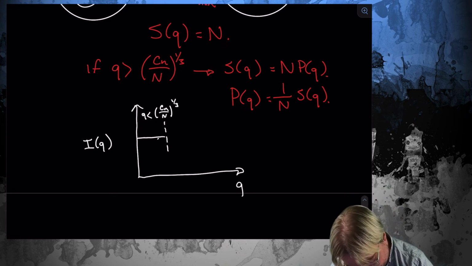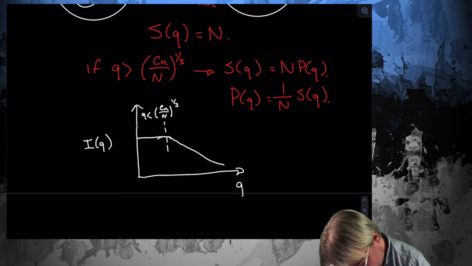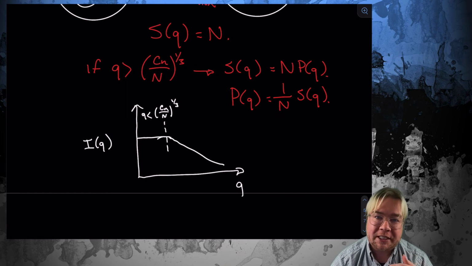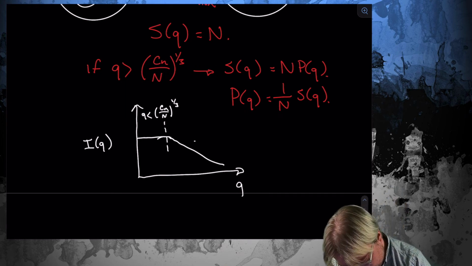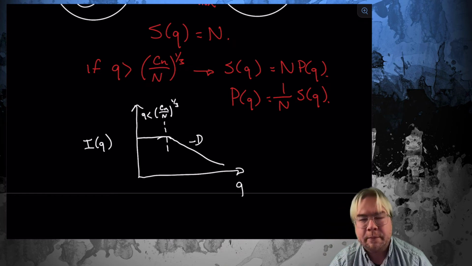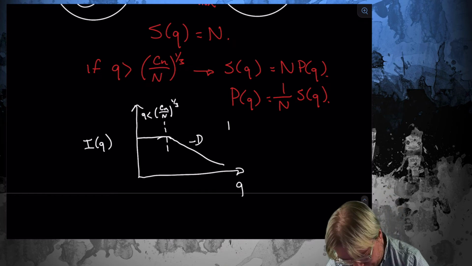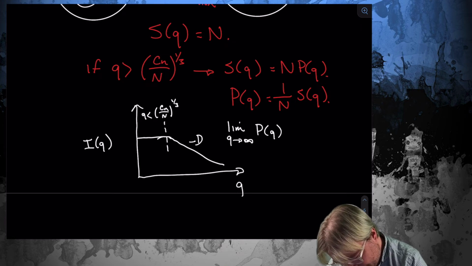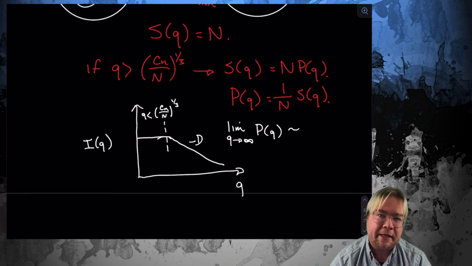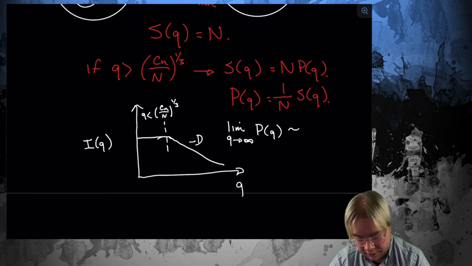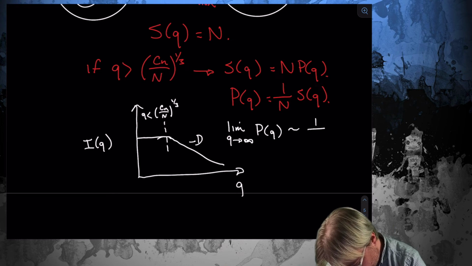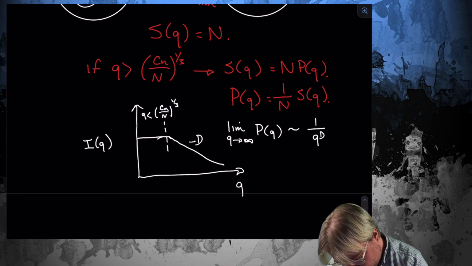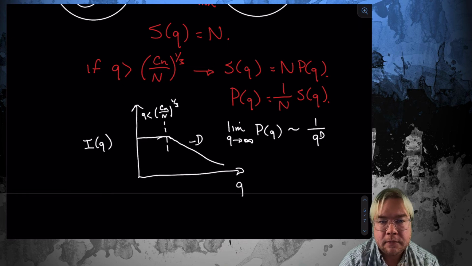When we get above that, then the scattering intensity starts to decay away. And our check at the end of the day to make sure that the function we come up with is correct is that the slope of this line should be minus d. So the limit as Q goes to infinity of our form factor had better look like the scaling that we know exists from Porod's law. So this should look like 1 over Q to the d, if we're correct.